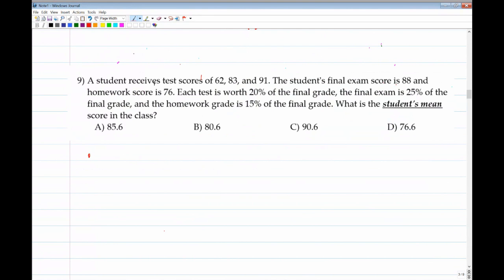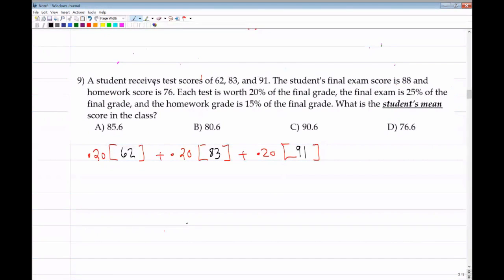So we'll go to the first one, 20% times the first test, plus 20% times the second test, plus 20% times the third test, since we have 3 tests. So I fill in the tests, which are 62, 83, and 91.